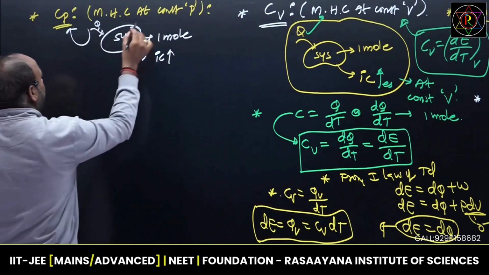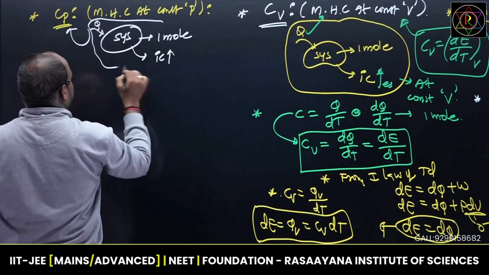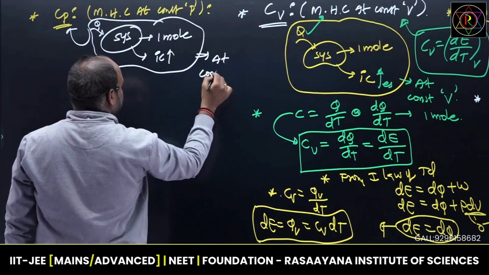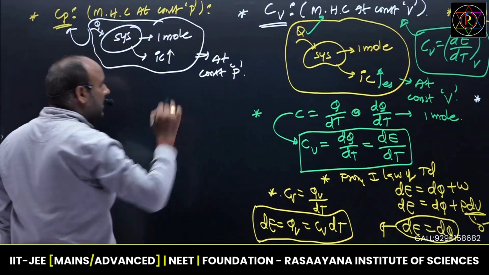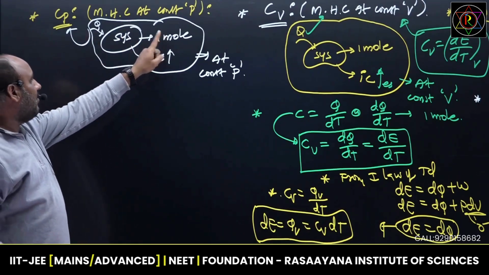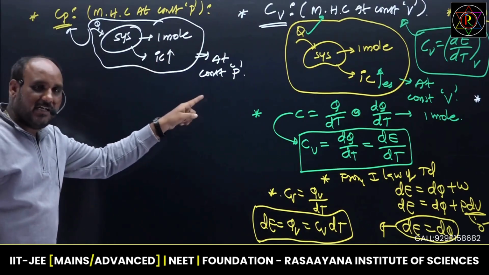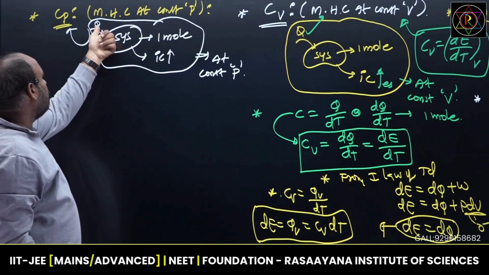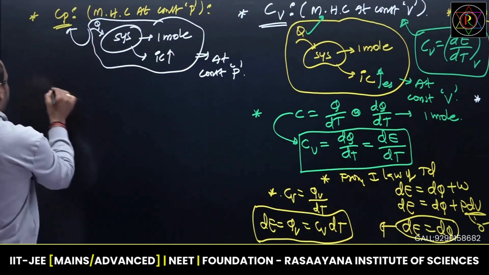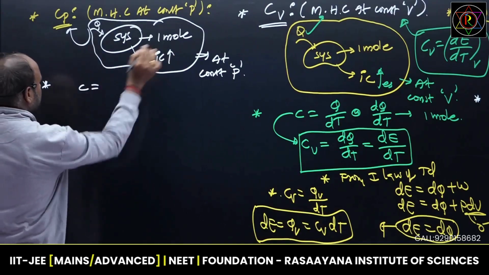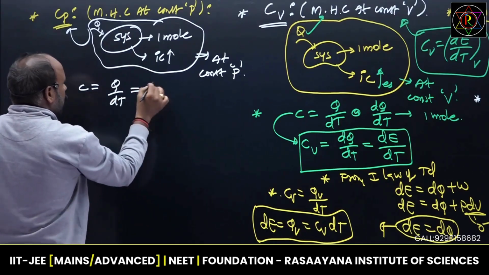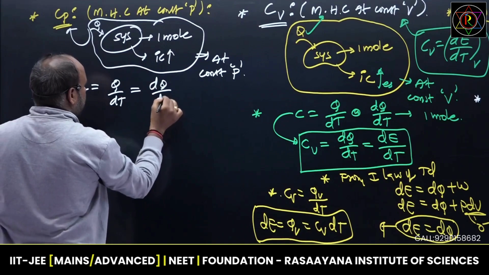This entire process will be at constant pressure. We have to maintain constant pressure, and we have to increase the temperature of 1 mole of substance by 1 degree centigrade. At that time, how much amount of heat is required, that is known as Cp, right? So the same terminology, same notations we have to apply. Therefore C is equal to Q by dT, that is equal to dQ by dT also.